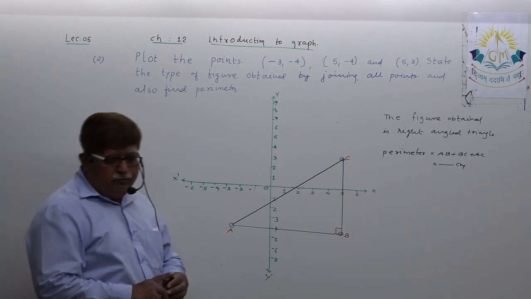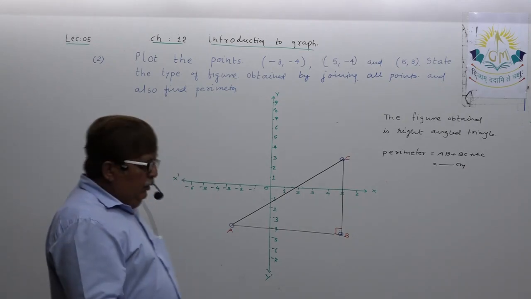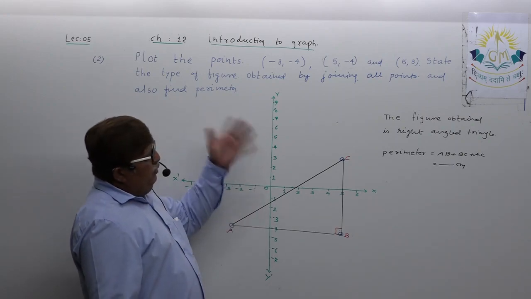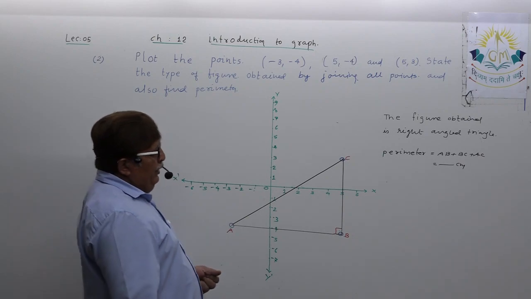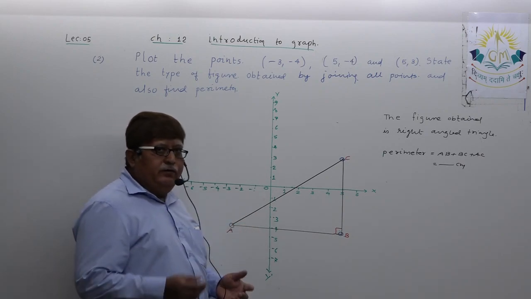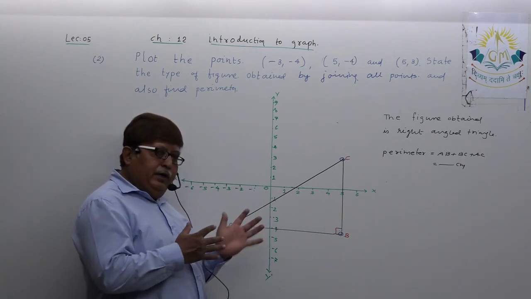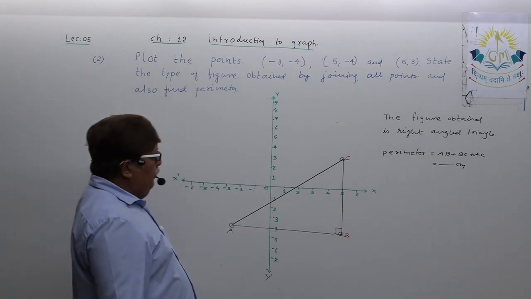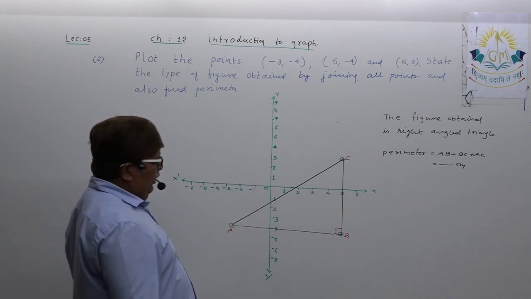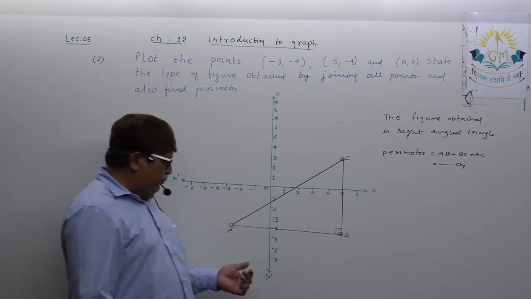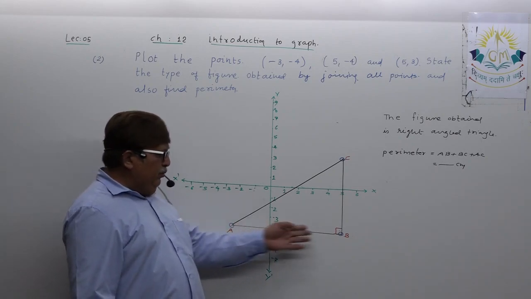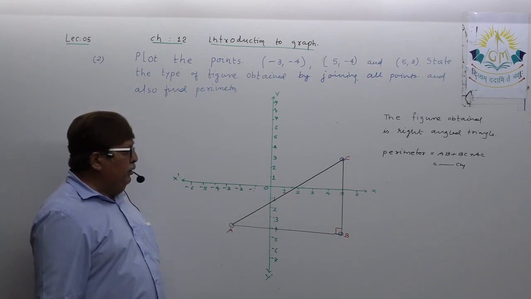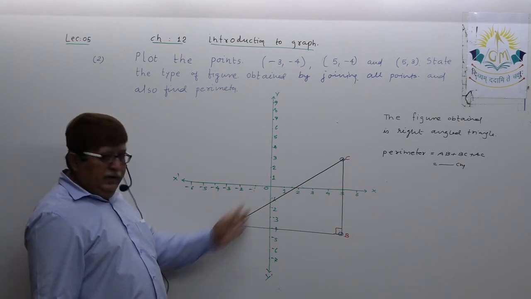So this way the question can also be designed, that you are given 3 points, and by utilizing these 3 points, you have to formulate the diagram and find the perimeter. In the case of a triangle, sometimes two sides become easy, but sometimes it becomes a little difficult to measure the hypotenuse.